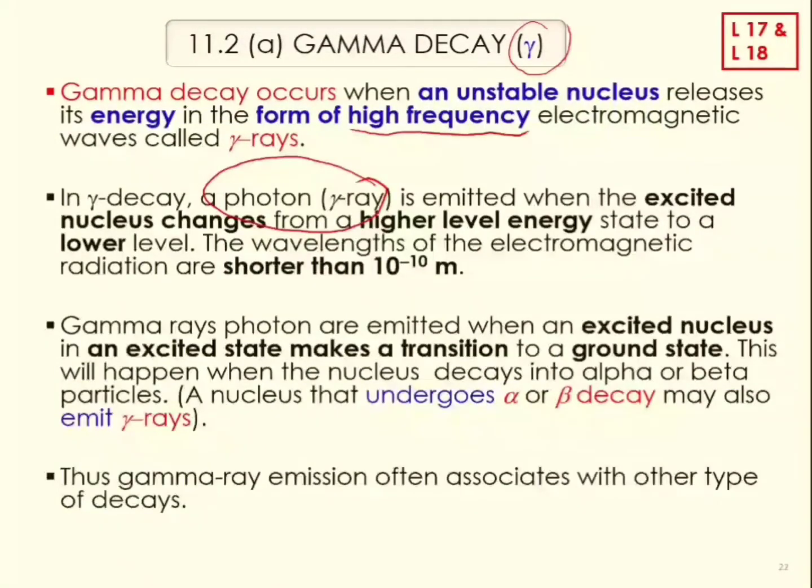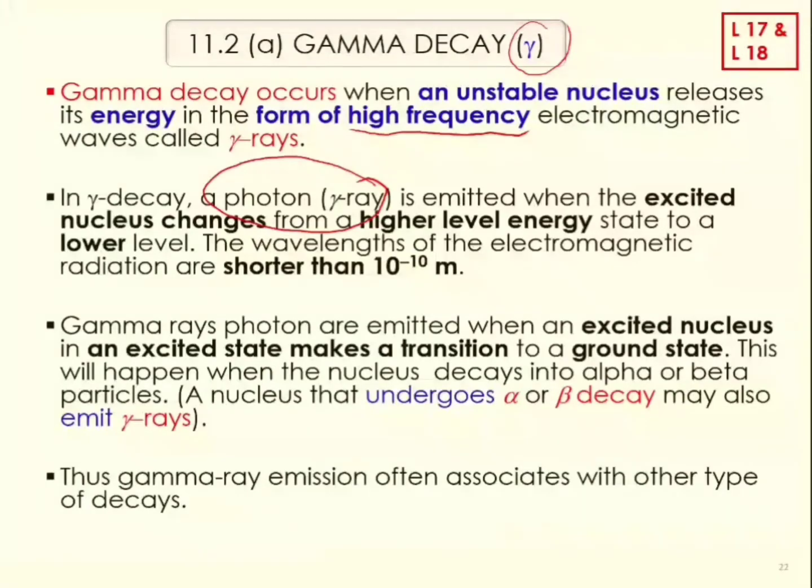The wavelength of the EM radiation is shorter than 10 to the power of negative 10 meter. Gamma ray photons are emitted when an excited nucleus makes a transition to a ground state. This is because of the energy levels.